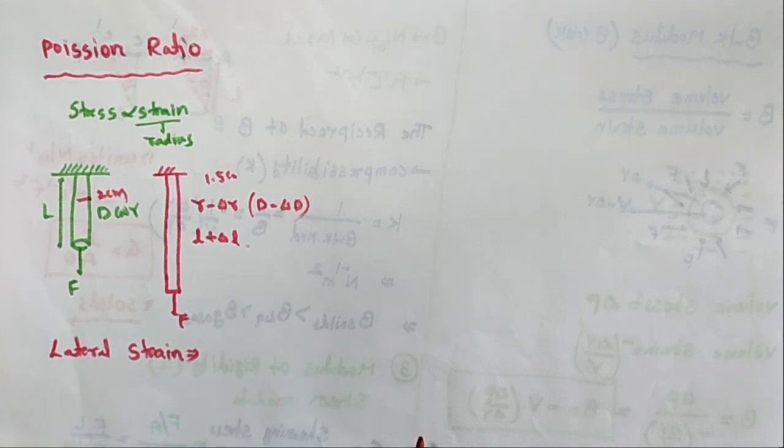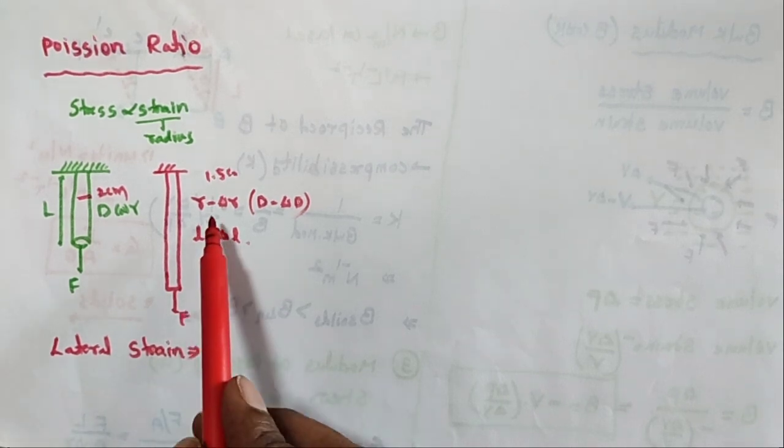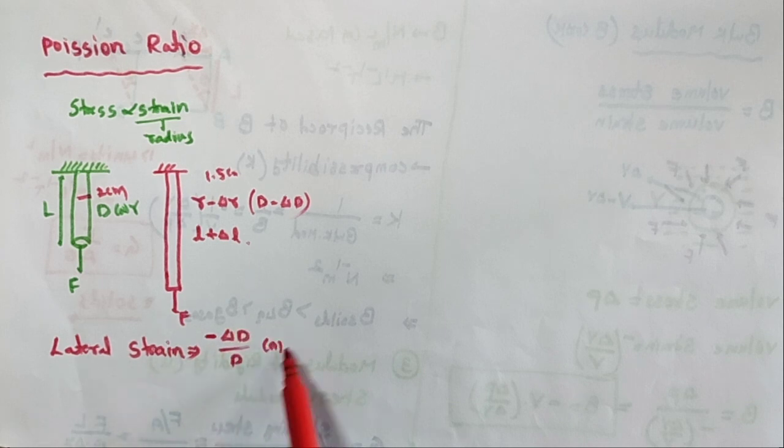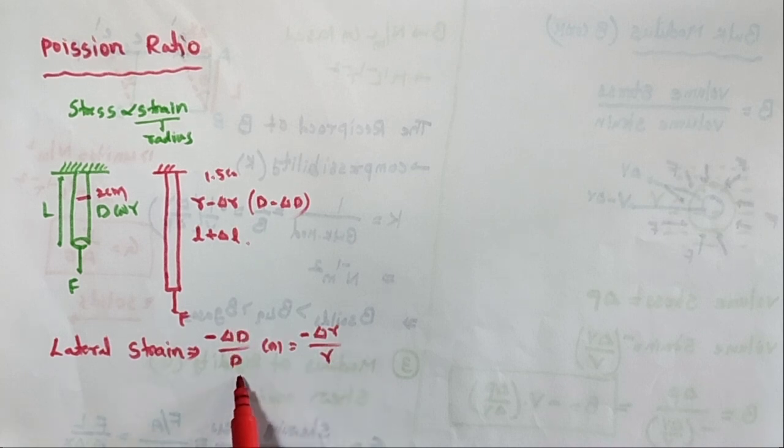The lateral strain means the ratio of change in radius or diameter to the original radius or diameter, that is minus delta d by d or minus delta r by r, change in diameter by original diameter.